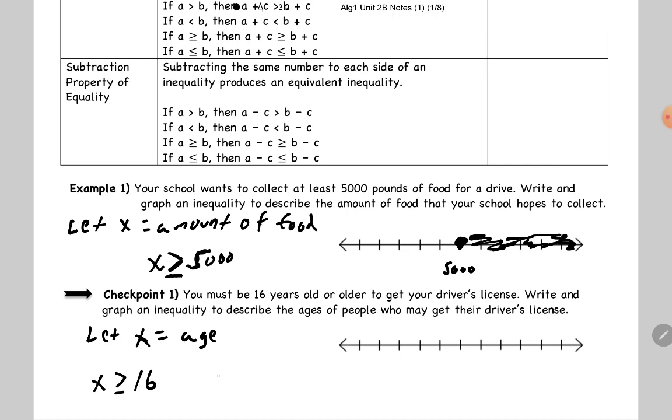You can also write this like this, 16 on the other side, however way you prefer. I prefer the left because that's how you read it: x is greater than or equal to 16, while the other side says 16 is less than or equal to the age, which sounds weird. But here we put 16. Once again, closed dot, shade to the right.